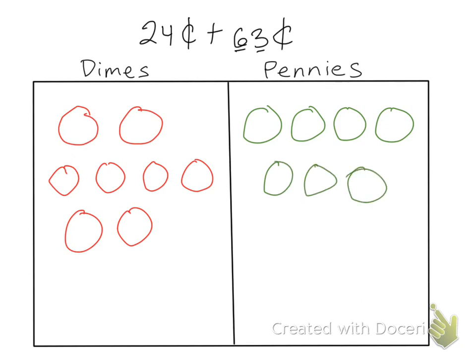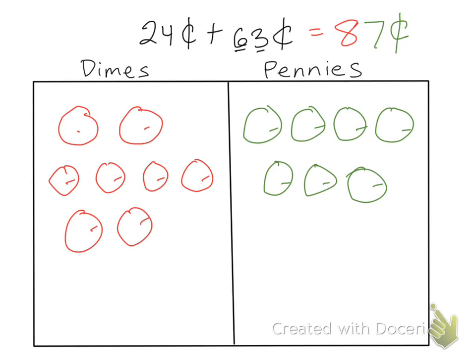How much money is this all together? Let's count. We count dimes first: 10, 20, 30, 40, 50, 60, 70, 80. And then we count my pennies: 81, 82, 83, 84, 85, 86, 87. So I have 87 cents.